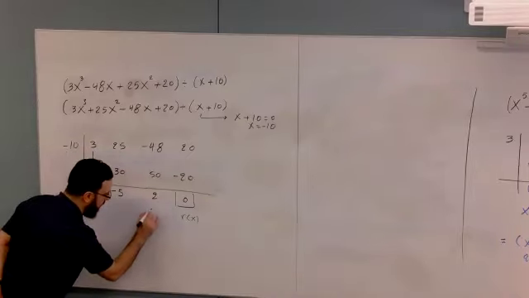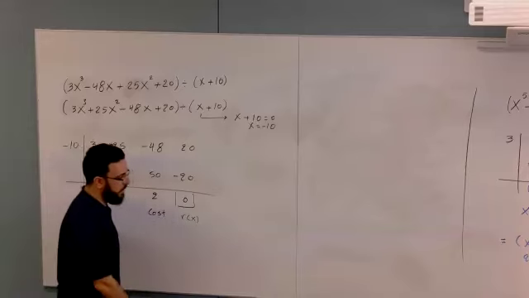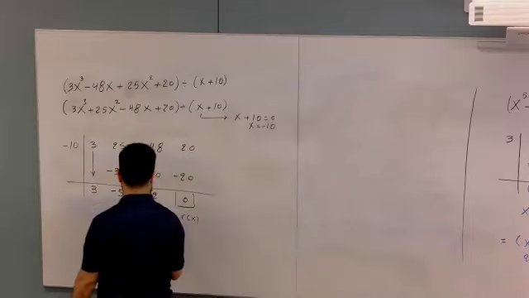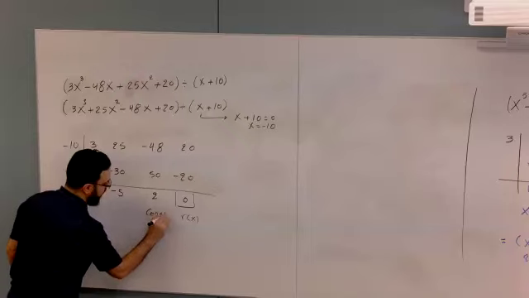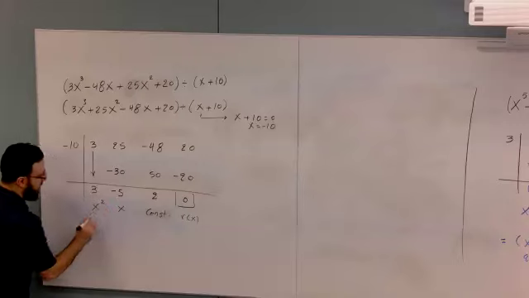This one is what? A constant. Understand. And this one is going to be x, and this one is going to be.